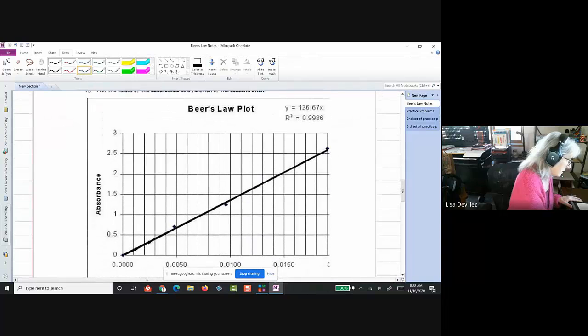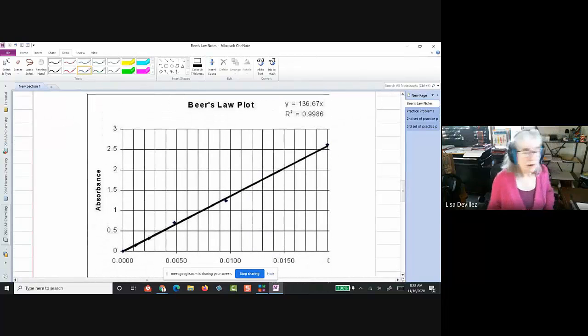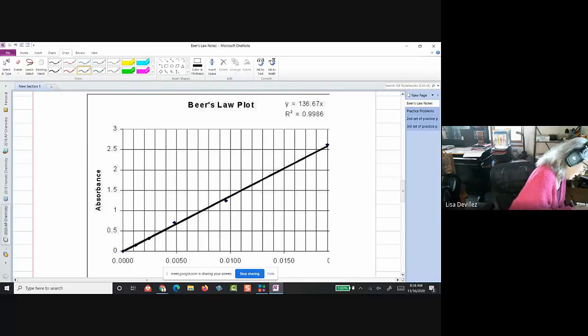The way you work this is that you measure the absorbance of several data points where you know the concentration. So I might have several points here.